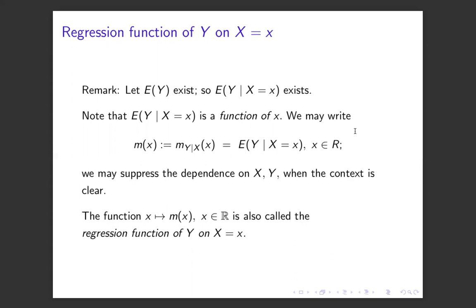Here also, we would like to do something like that. So this m at capital X, that would be the object which we'll call the conditional expectation as a random variable.